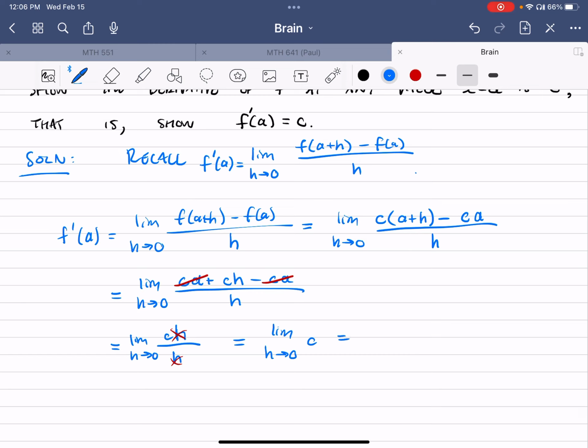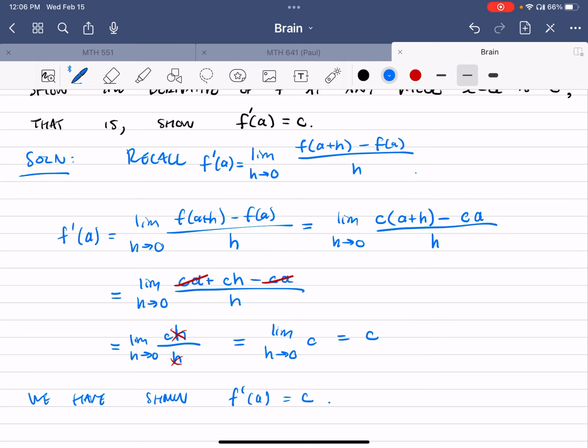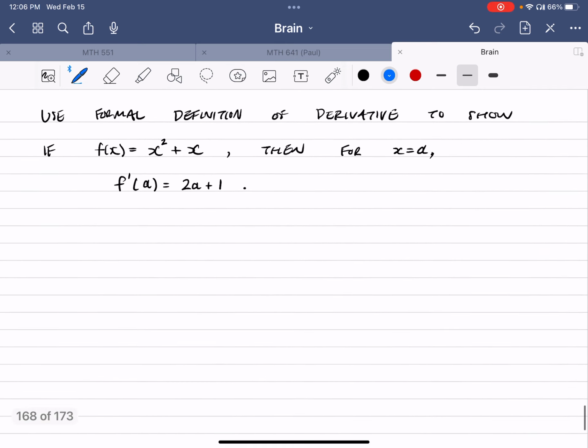And the limit of a constant is just the constant itself, so equal to c. And there we go. We have shown f prime of a equals c. Nice.